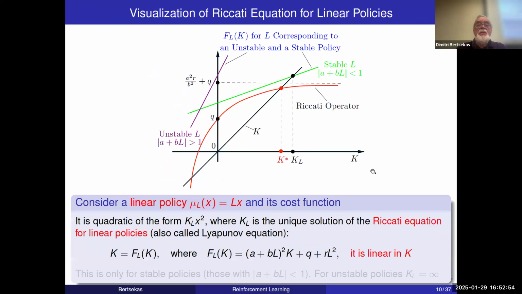Okay, so now let's go on with this visualization. Let's consider linear policies. In other words, policies of this form, with L being a scalar coefficient. How do you find the cost of those policies? Well, there's a Riccati equation associated with such policies. And it turns out that this Riccati equation is linear.